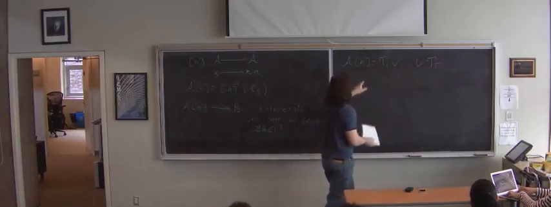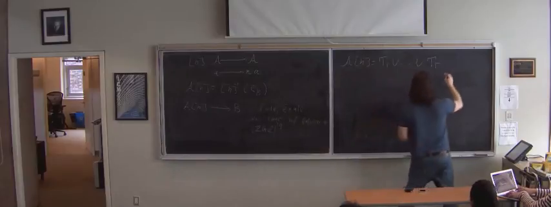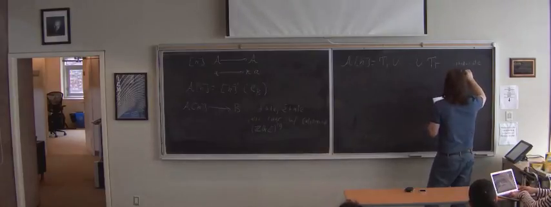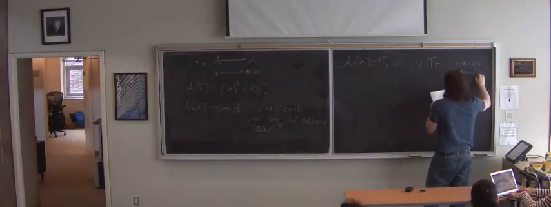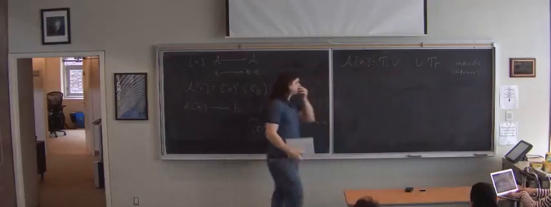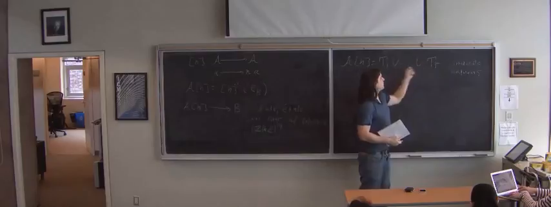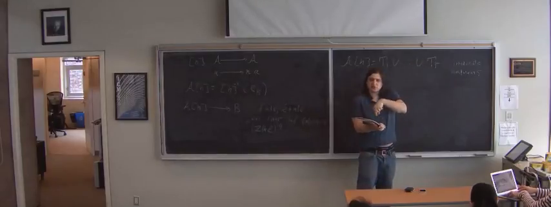So let's break up A of n into irreducible components. And so what acts on these components? Well, it's sort of the action of the loops on the base.